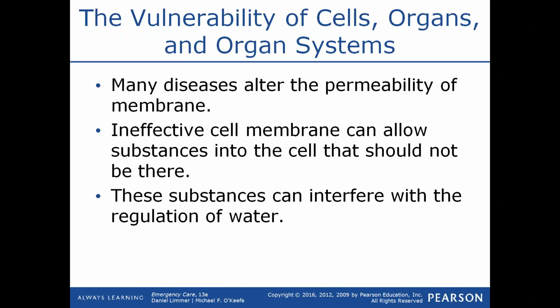Now, there are many diseases that alter the permeability of that membrane. Remember, I said earlier that the cell is surrounded by a membrane that allows certain things to come in and come out. Some other things that float around in the blood and in the interstitial tissue and around the cells aren't allowed to come in.